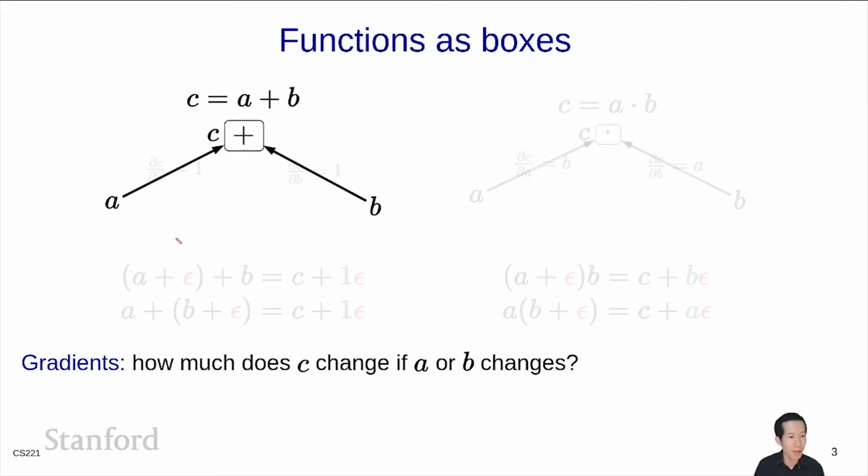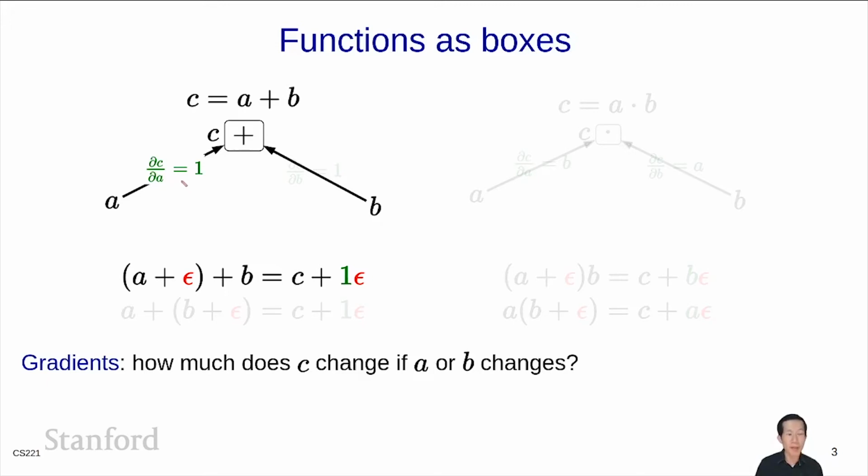Informally, we can look at this as a plus b equals c. Now if I fiddle with a a little bit and add epsilon, what happens to the right-hand side? On the right-hand side, I just get plus 1 epsilon. So the gradient of c with respect to a is 1. I'm just going to write it on the edge.